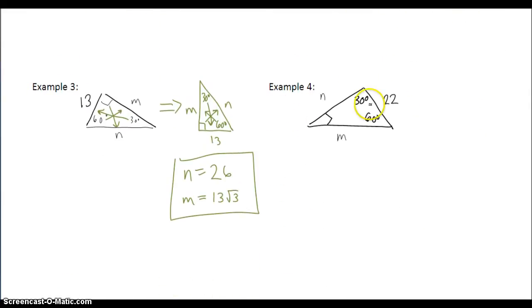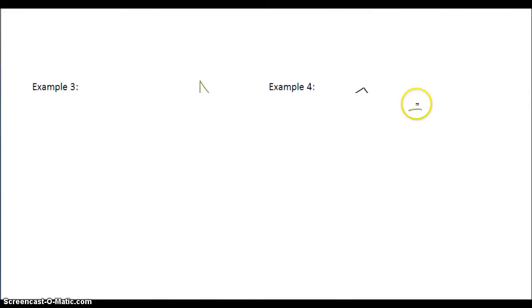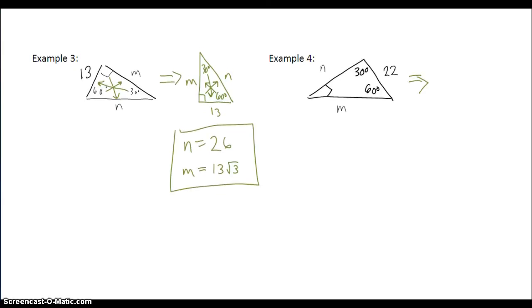Let's look at the last example, example 4. My triangle is not drawn to scale and it's not oriented correctly. So before I do anything, I'm going to redraw my triangle. Across from my right angle is my hypotenuse, 22.